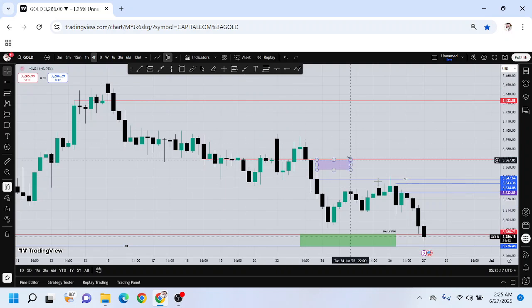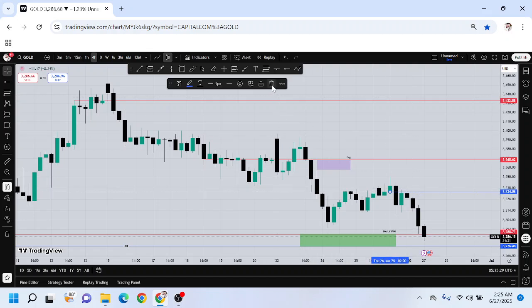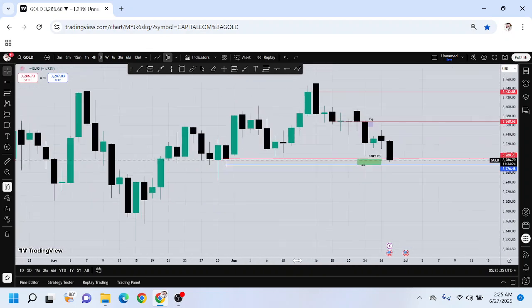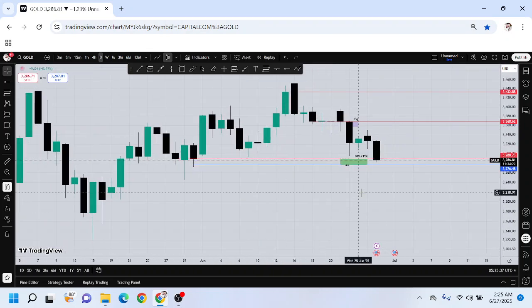So now let's move to what we are seeing today. Can we get a trade today or not? It actually depends on what we see in the New York session.